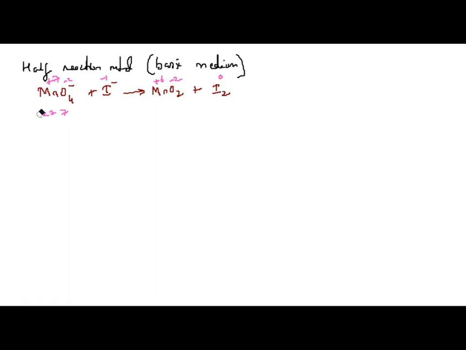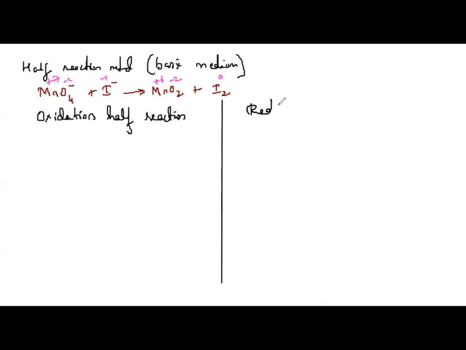Okay, fine. So we will identify it, and immediately what will we do? We will divide them into two halves. That would be better, right? So I am going to divide it into two halves. This I will call the oxidation half reaction, and this I will call the reduction half reaction.